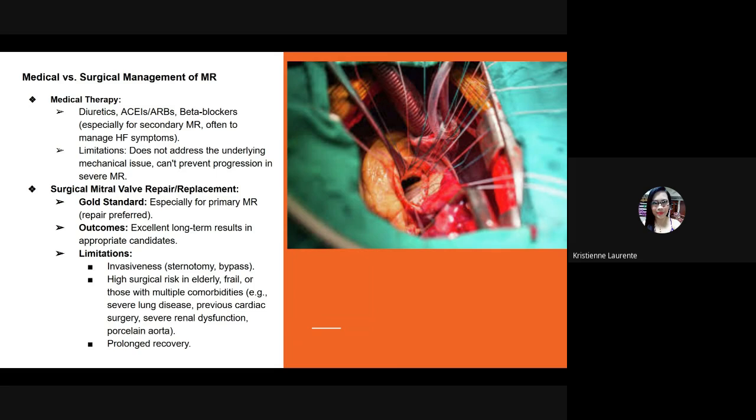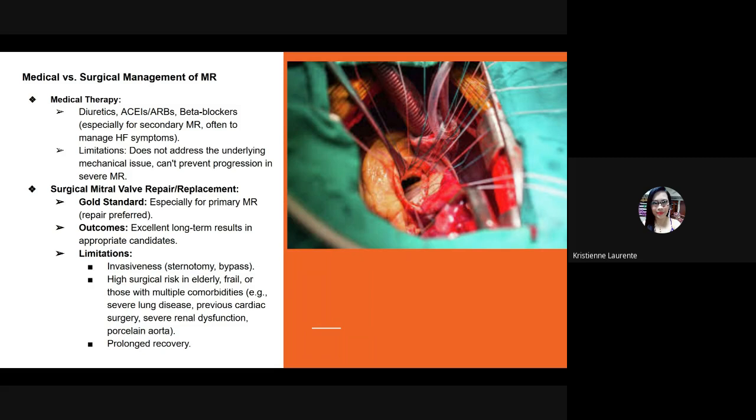So it is critical and it directly influences how we approach patient selection and the expected outcomes with therapies like the mitral clipping. So doctors should assess the patient, and we need to know really what is the type of the patient's mitral regurgitation. So now we have what we call medical versus surgical management of MR.